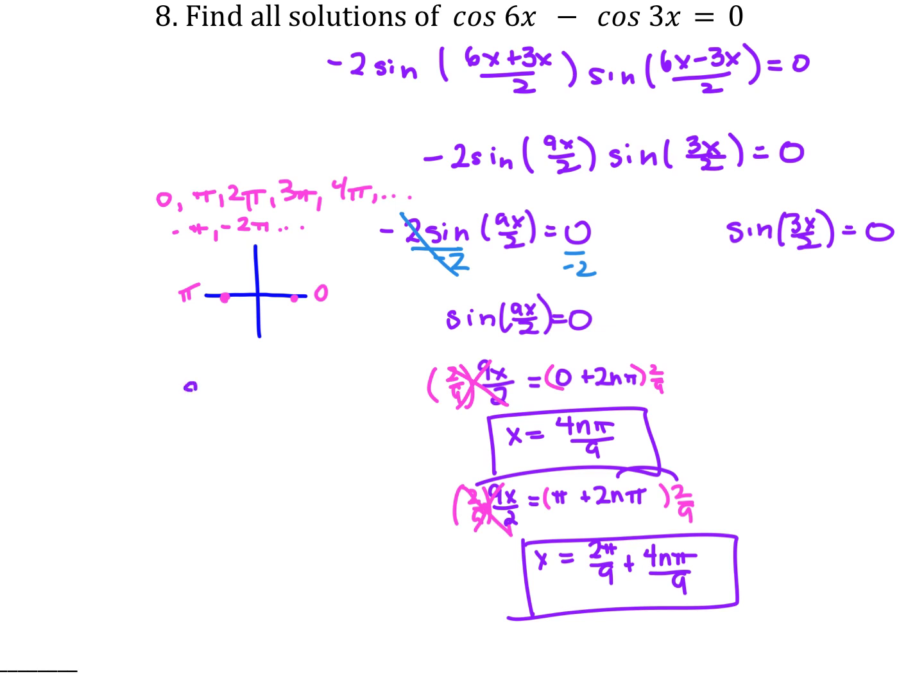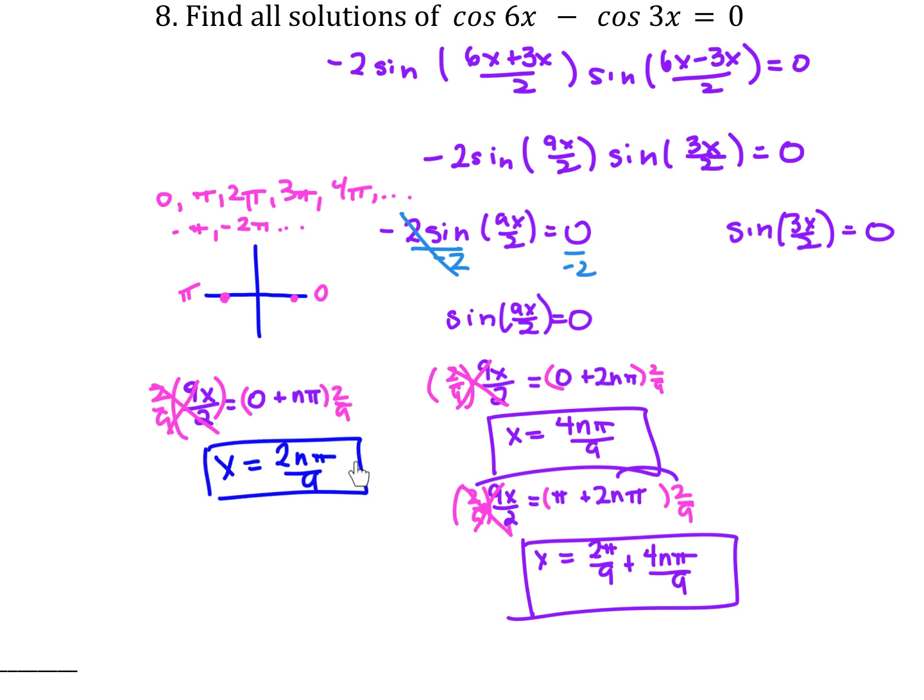So as a second option, we can say 9x over 2 equals 0 plus n pi, because you start with 0, and then it goes around every pi: 1 pi, 2 pi, 3 pi, and so forth. Then we can multiply by 2 over 9 to both sides. So our second option is x equals 2n pi over 9 as the shorter version. This covers both of these answers.